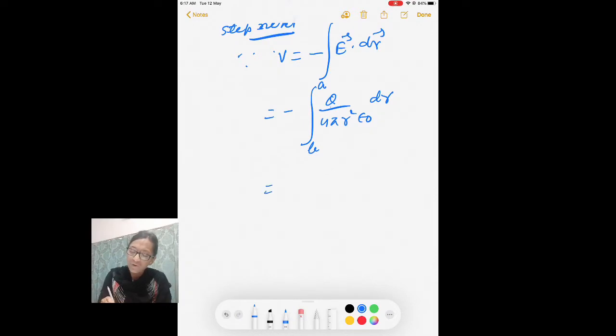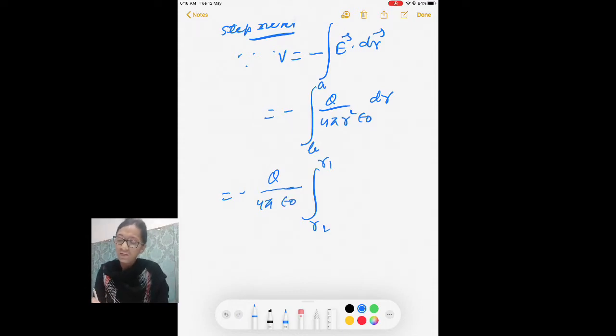This is equal to minus the integral from R2 to R1, and let me take all the constant terms outside. Q is a constant, 4 pi is a constant, and epsilon naught is a constant. So here you remain with r power minus 2 dr.